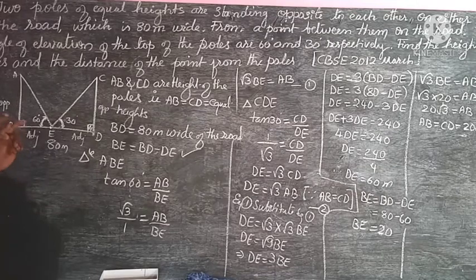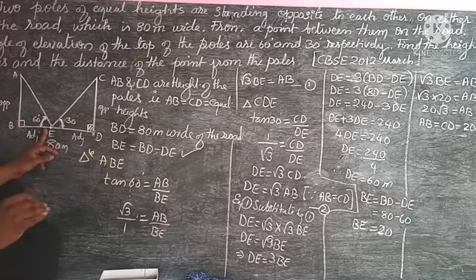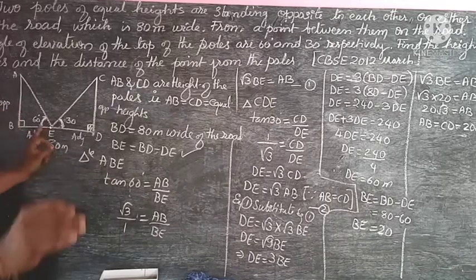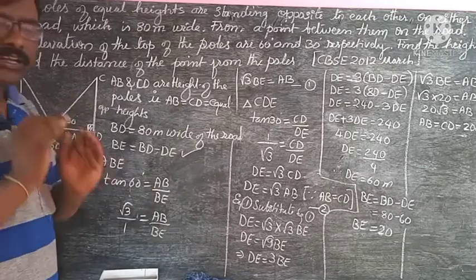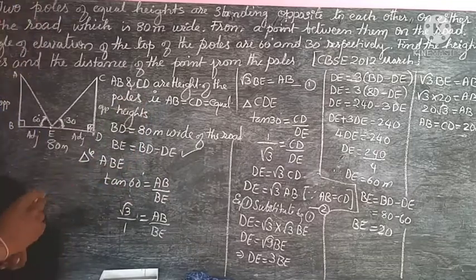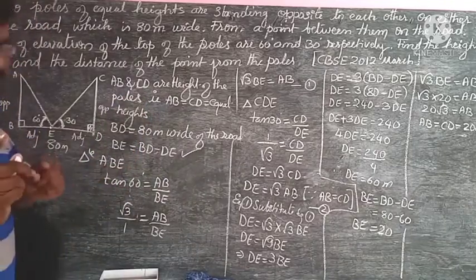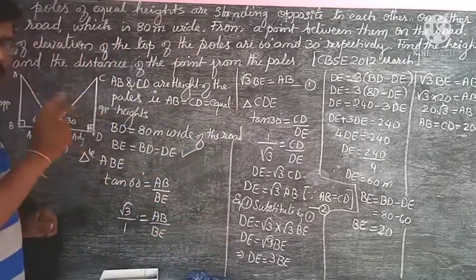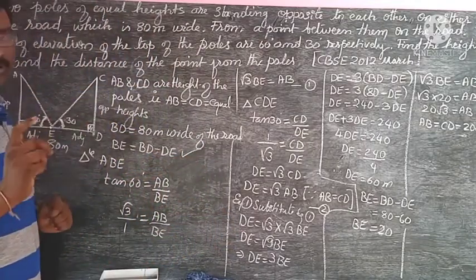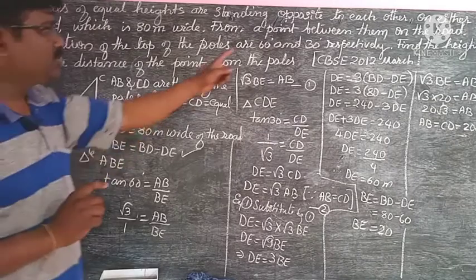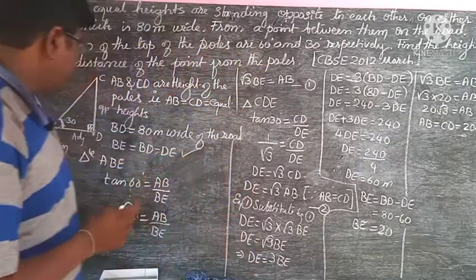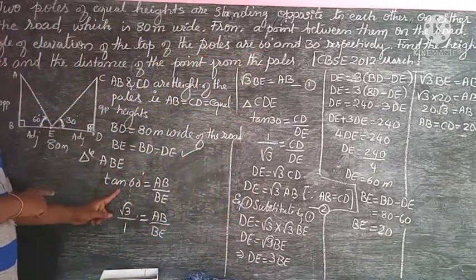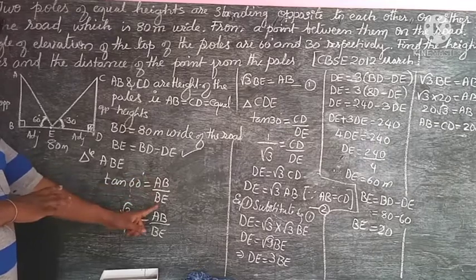So when you draw the diagram, 50% of the problem will be clearly solved. And next, what are you taking? The angle of elevation. Two angles of elevation are here. The first angle of elevation is 60 degrees. Therefore tan 60 degrees is AB divided by BE.